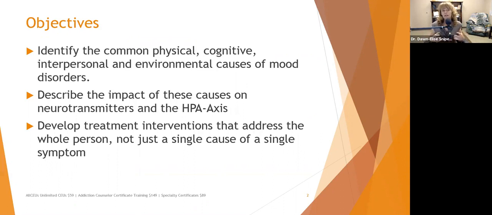But instead of looking at the whole person and going, what could be causing this malfunction in the system? Because every symptom we have indicates that our body system, our body machine, is malfunctioning somehow for some reason, and we want to find out what that underlying cause is.